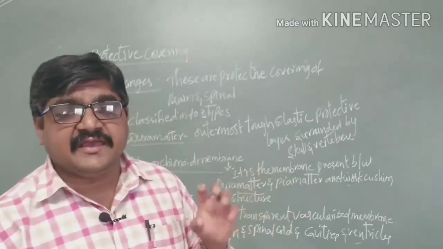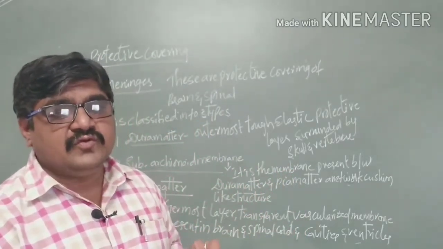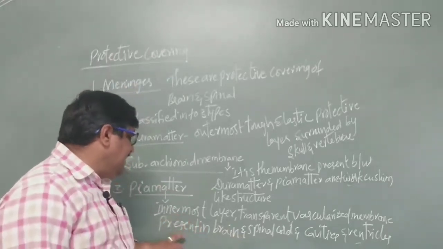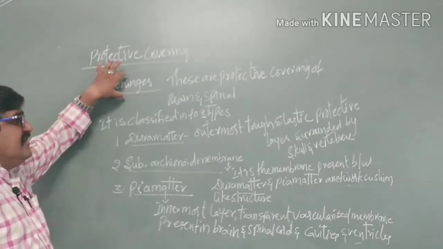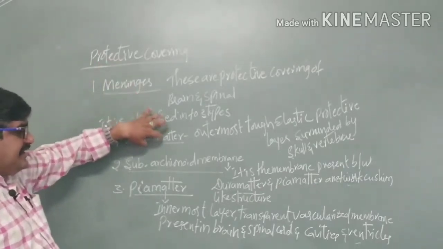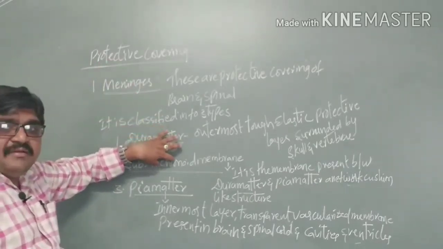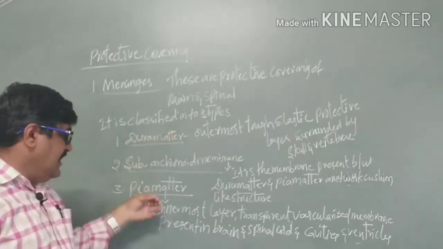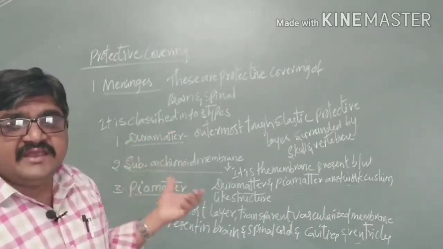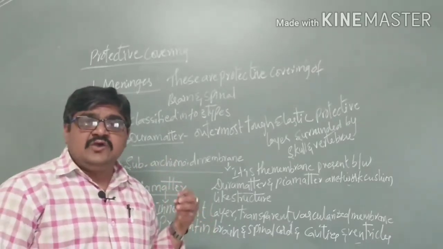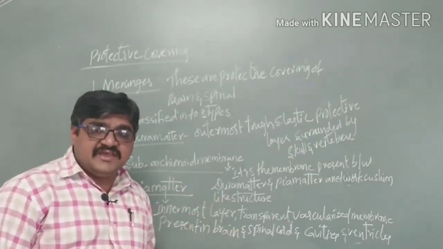So these are the three layers present in the meninges: first the dura mater, second the subarachnoid membrane, and third the pia mater.